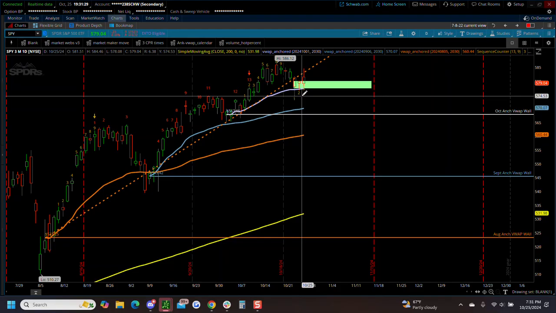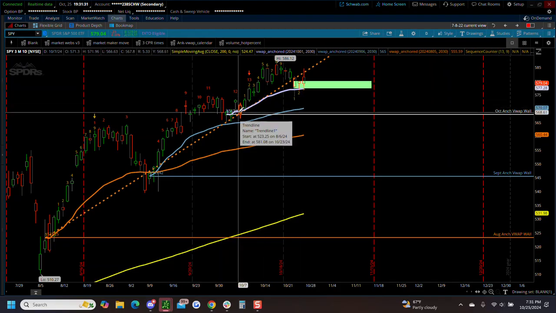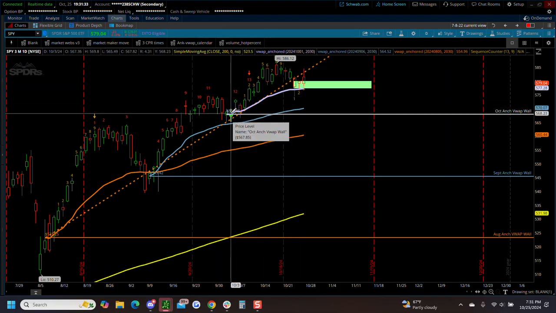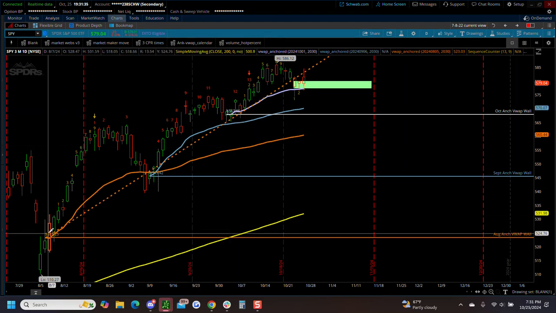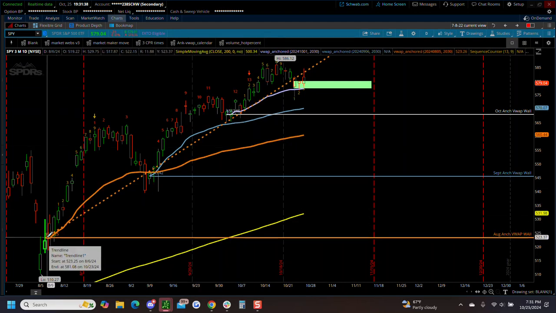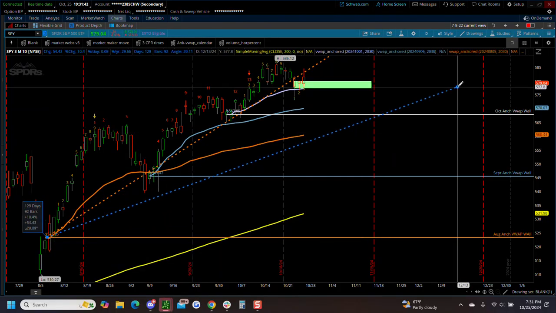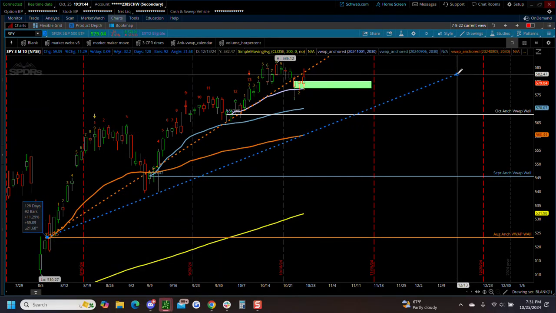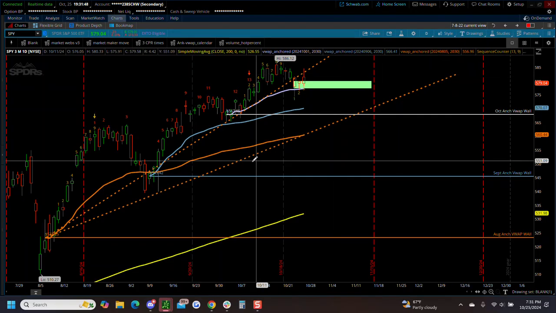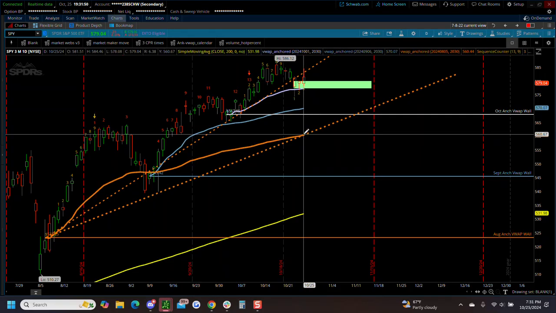Okay, and another thing you can actually put another one like this. This here would have to be adjusted pretty much daily or every few days. You can anchor. I do this routinely.